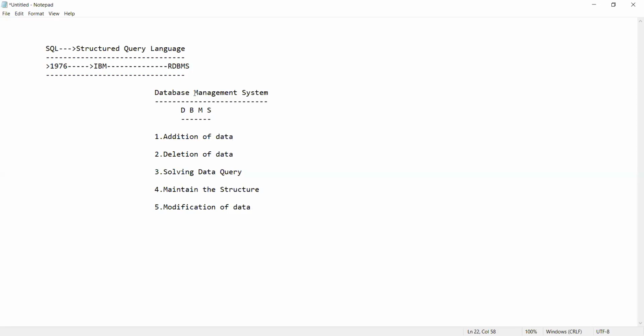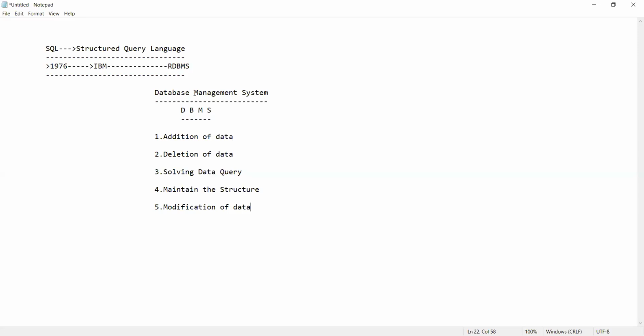These are the very basic tasks done by the management system of the database.